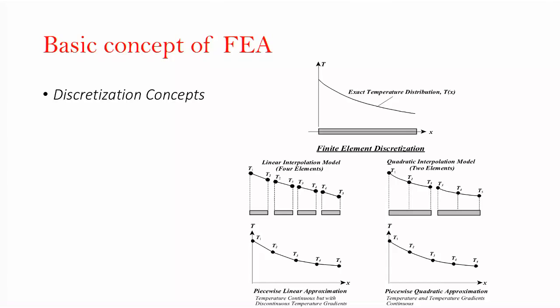For defining a line, we only need 2 points along that line. But for the second order polynomial, we need 3 points. So that's why we use 2 elements, but each element has 3 nodes.